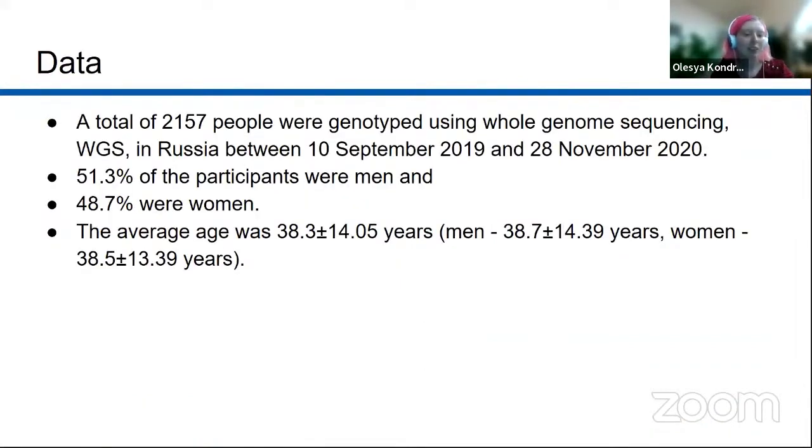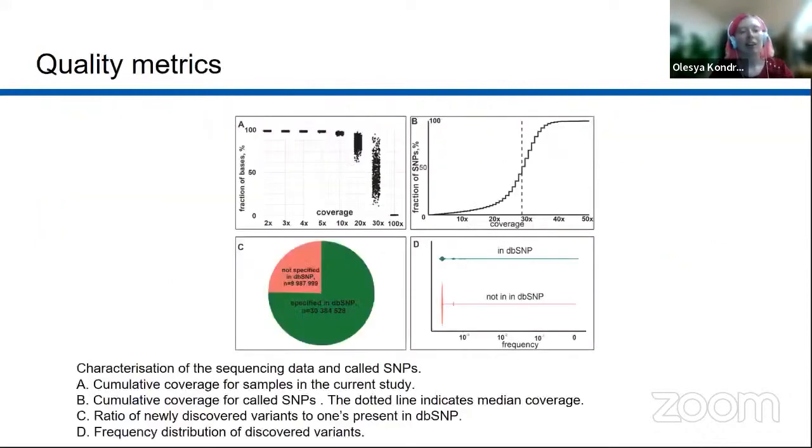In the study, we analyzed a total of 2,157 genomes from healthy Russian citizens, of which around 100 were used additionally to evaluate whether the analysis using European ethnic groups applies to people of Central Russian ancestry. We checked if the collected genomic data has good quality metrics.